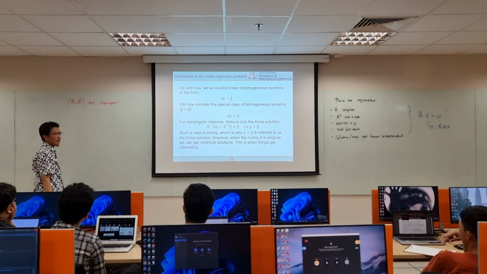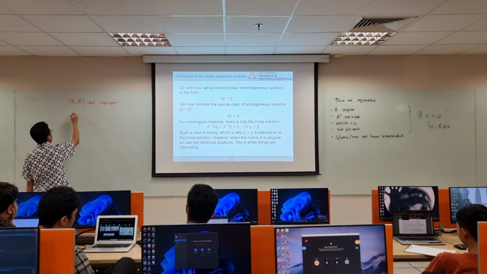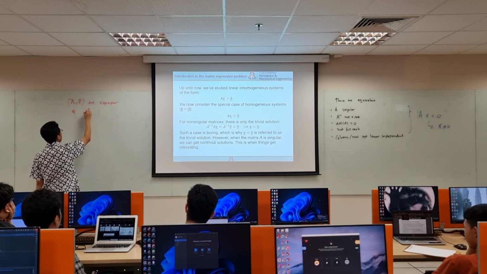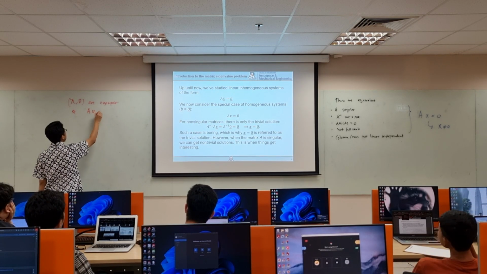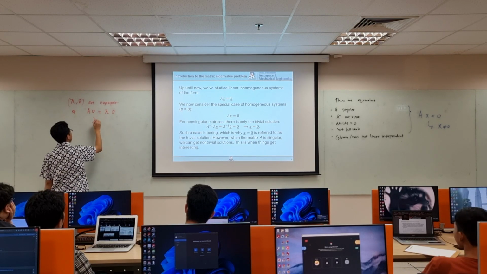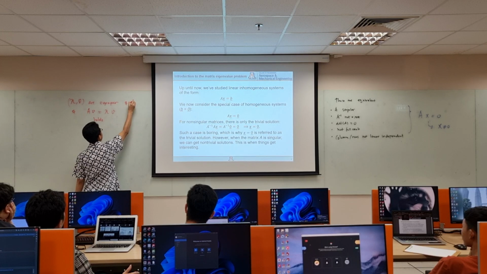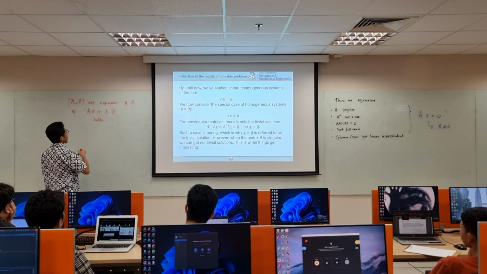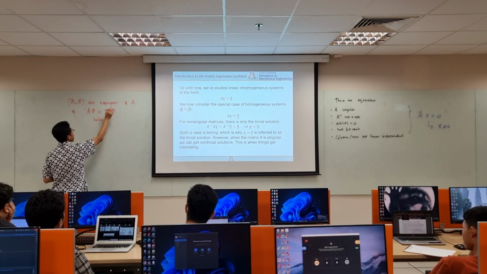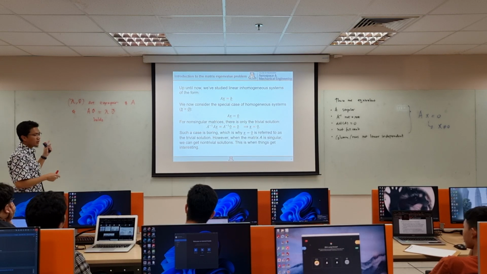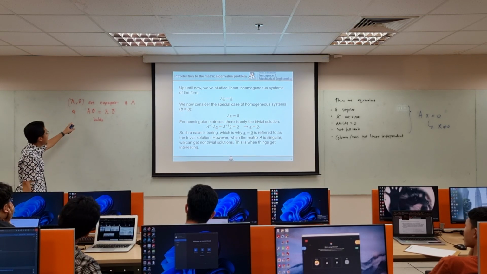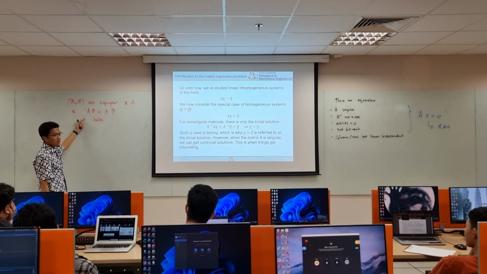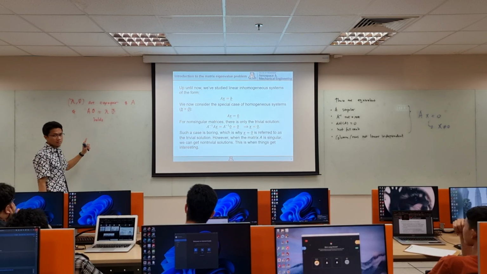Let me write this down. If Av equals lambda v holds, and v is a vector, then both lambda and v are the eigenpair of A. So lambda is an eigenvalue of A, and v is an eigenvector of A. So this is the condition.